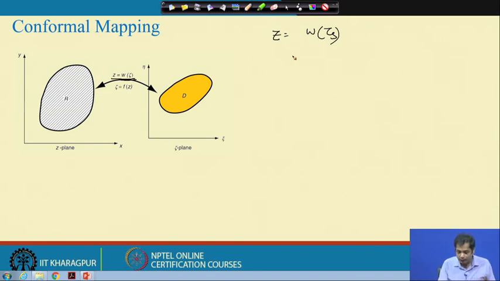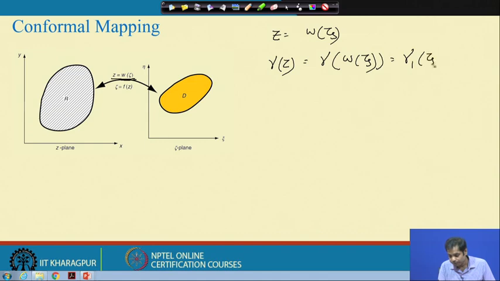Now, we have two potentials, gamma and psi, the two Kolosov-Muskhelishvili potentials. Let us write those potentials in terms of zeta. Gamma is the potential which is a function of z. If I write z as W of zeta, suppose that is equal to gamma 1 of zeta.